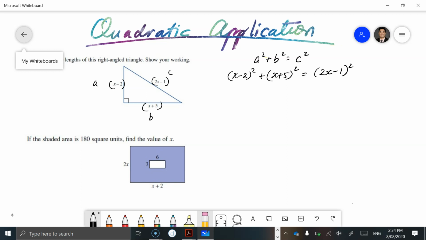If you are familiar with the patterns of expanding certain brackets, particularly perfect squares or difference of perfect squares, then it is going to be such an advantage to you in terms of time and efficiency. If you aren't familiar with that and you're still getting your head around it, then I suggest that you stick to FOIL or crab claw, just traditional binomial expansion, and you will get to the same answer.